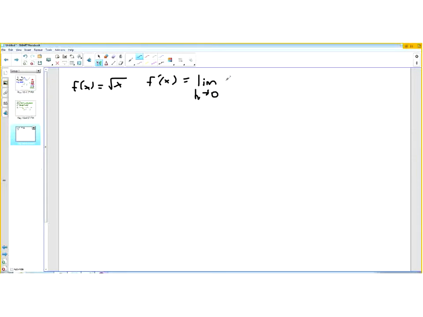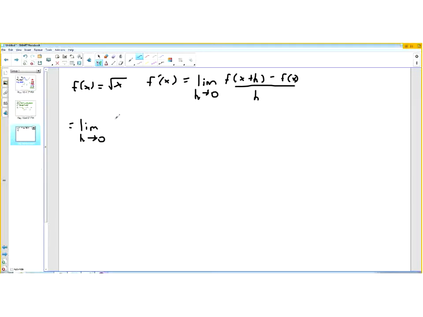So this would be the limit as h approaches 0 of f of x plus h minus f of x divided by h. Okay, and so we'll substitute in the definition of f into the difference quotient.